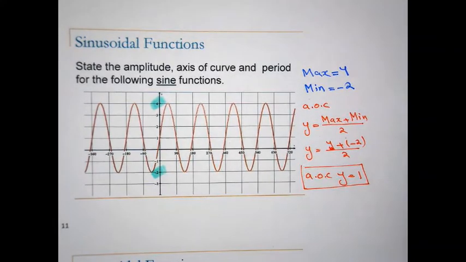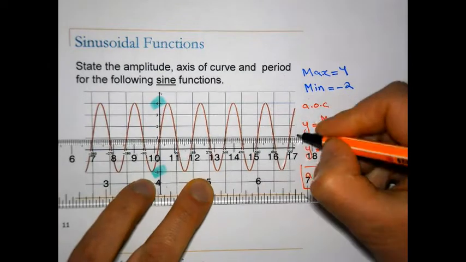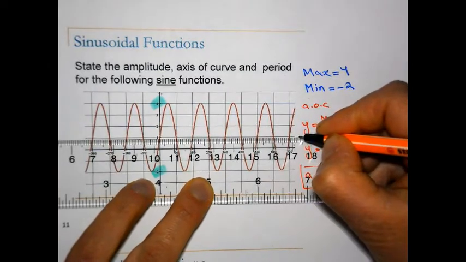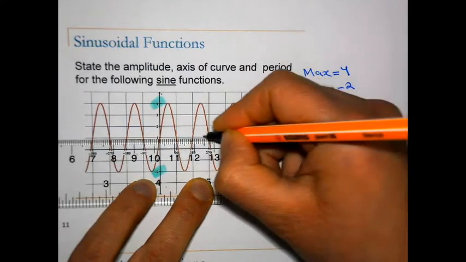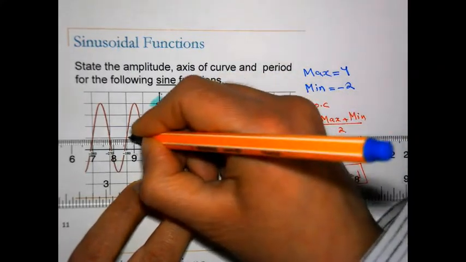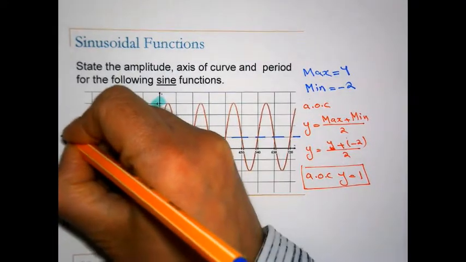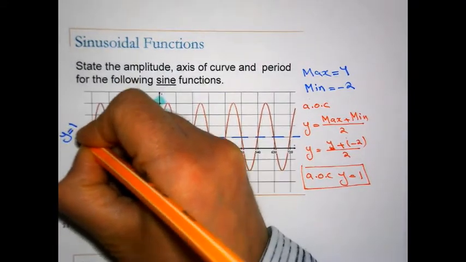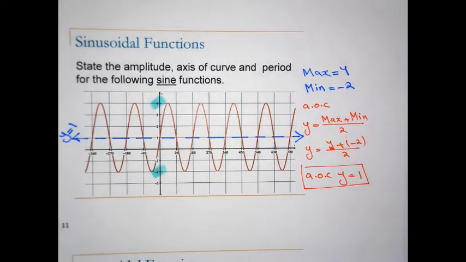So this is axis of curve. I am going to actually draw the axis of curve with dotted line because it will help me later to figure out my period. So you always label it, okay? You draw it with dotted line and you label it, okay?